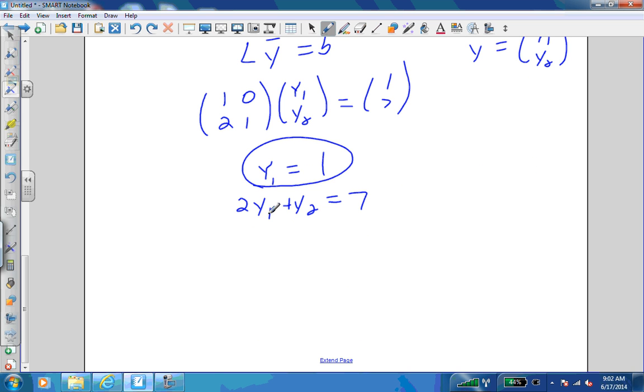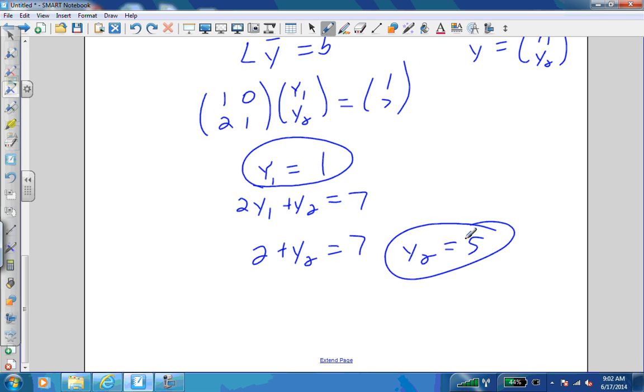Well, we can back y2 out of that. If we substitute a 1 in for y1, so 2 plus y2 is 7. Subtract 2, so y2 is 5. So y is the vector 1, 5.